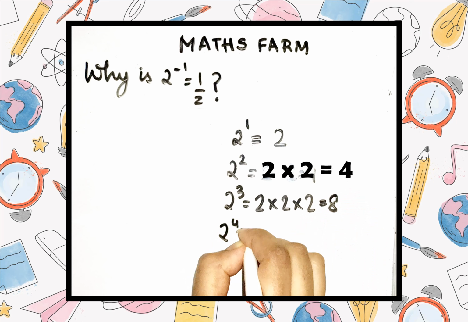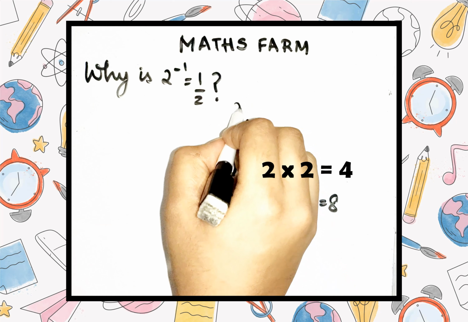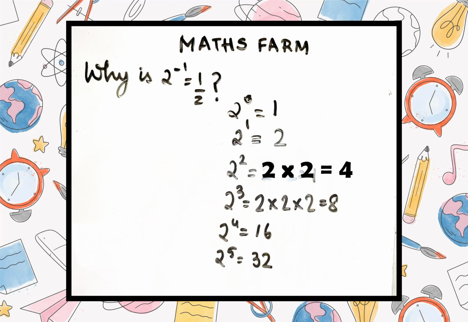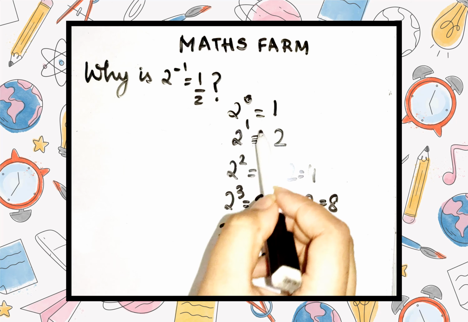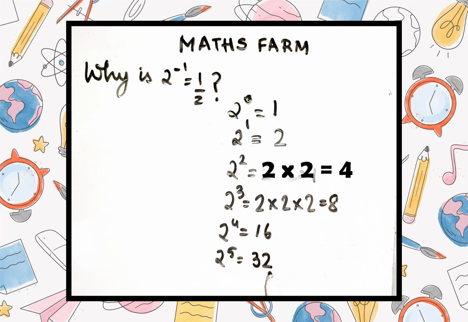Similarly, 2 to the power 4 is 16. 2 to the power 5 is 32, and so on, right? We also know that any number to the power 0 is 1, right? So now we can see that this is 1, this is 2, this is 4, this is 8, this is 16, and this is 32.